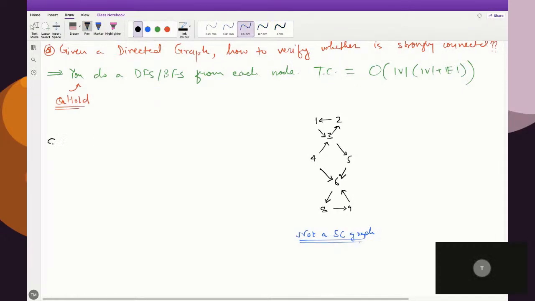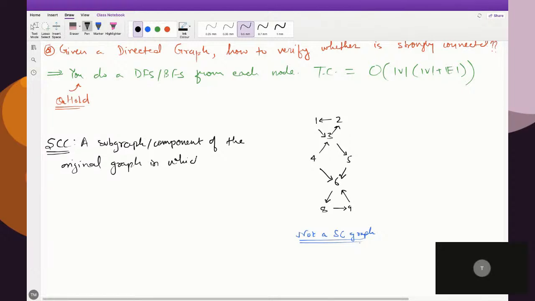So a strongly connected component is nothing but a subgraph, or a component of the original graph in which each node is connected with each other node, right?